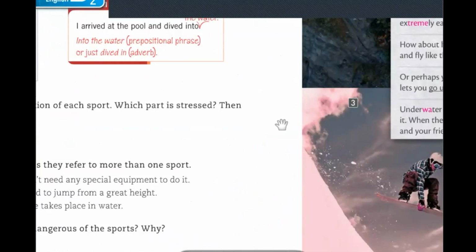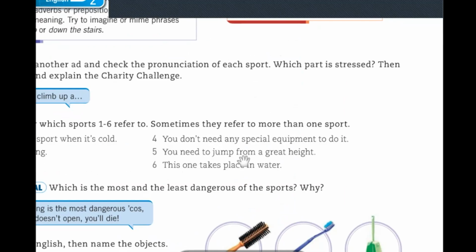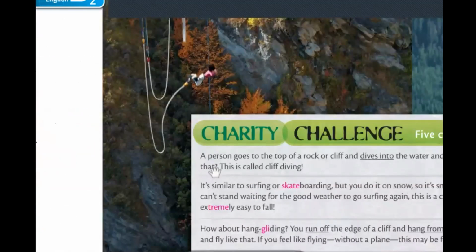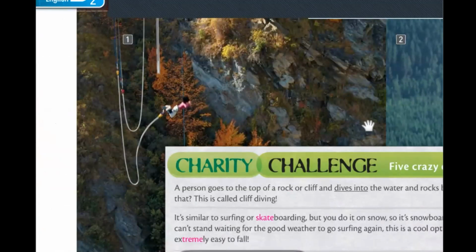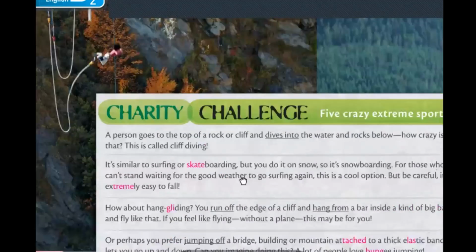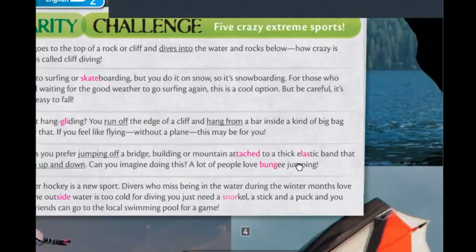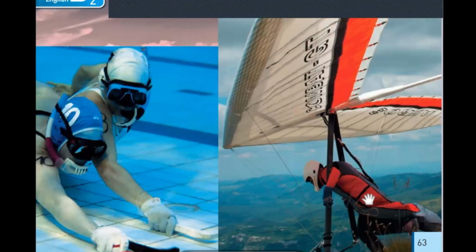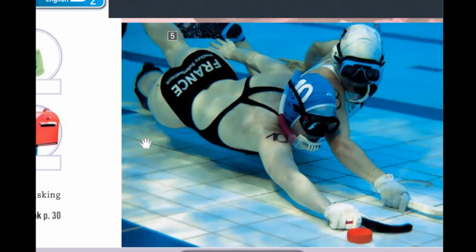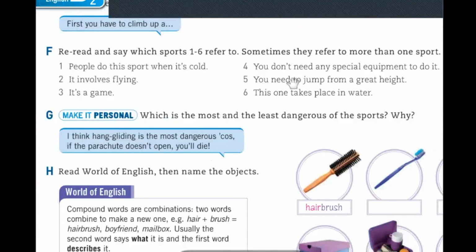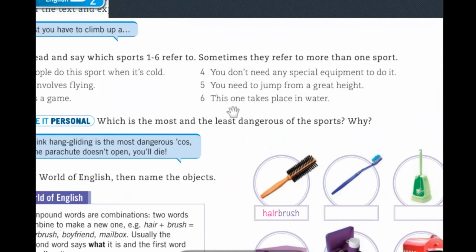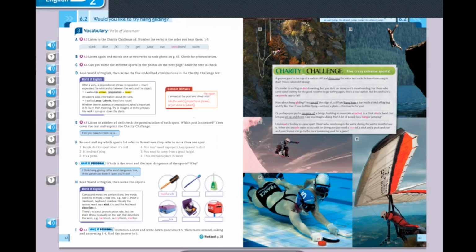We have a lot from the list that you need to jump. Bungee jumping. Another one. Cliff diving again. And finally, this one takes place in water. Underwater hockey. Underwater hockey, thank you.